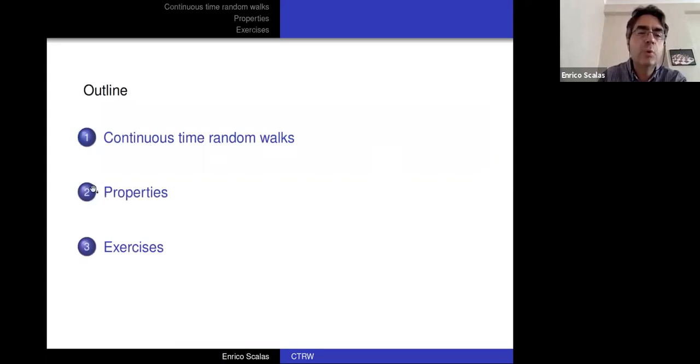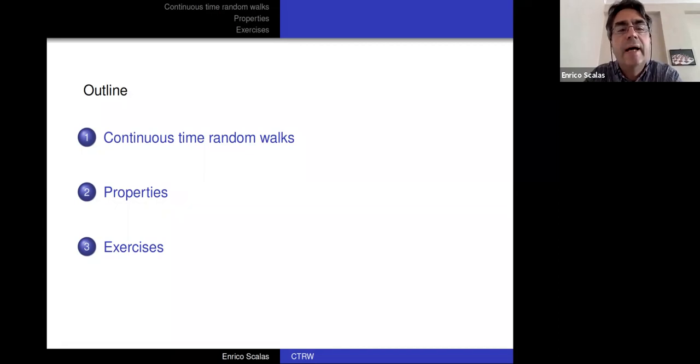Then we will explore some properties, and in particular, as I have done with random walks and with renewal processes, we will focus on the one point or one-dimensional distribution. So we will try to find out the probability density function, and if you like, also the cumulative probability distribution function for the continuous time random walk.